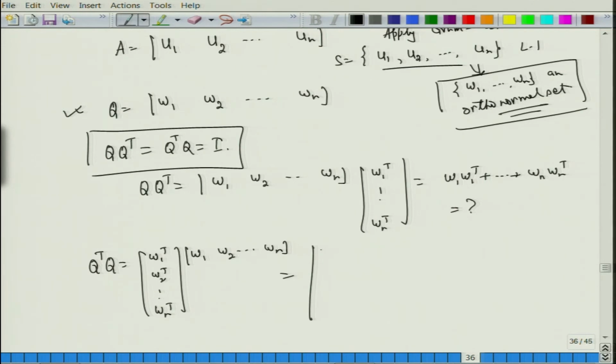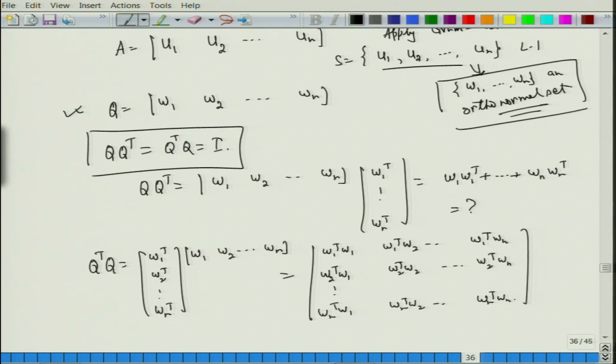Look at the first row: it is W1 transpose W1, W1 transpose W2, up to W1 transpose Wn. Then the next row is W2 transpose W1, W2 transpose W2, up to W2 transpose Wn, and so on till Wn transpose Wn, Wn transpose W2.